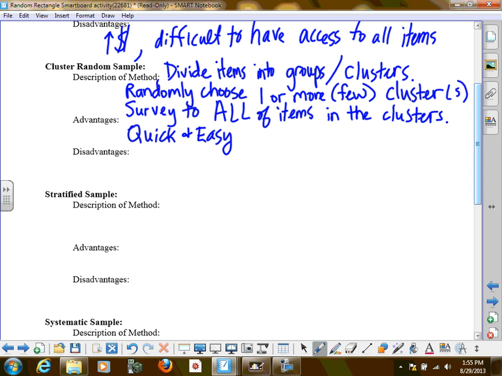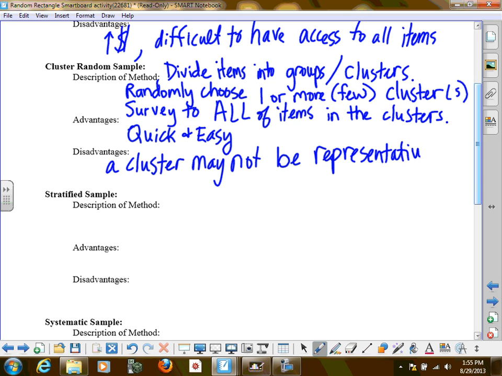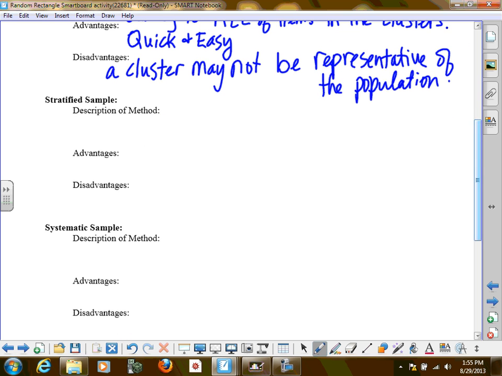So the disadvantage is a cluster may not be representative of the population. If you were going to ask the question, what's your favorite elective, you probably would not cluster by first period because of that potential problem. You might cluster by advisory. Okay, that might be a better way to do it.